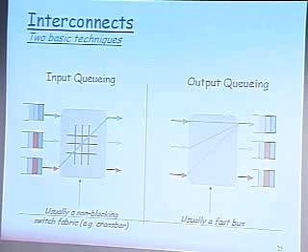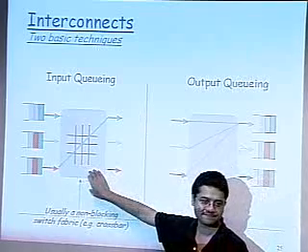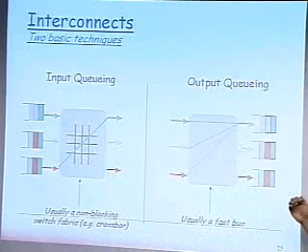There's also another interconnect technique which was used in the older routers, or which is used in software routers. And in that scenario, your switching fabric is memory. So you have a shared memory between the input ports and the output ports.